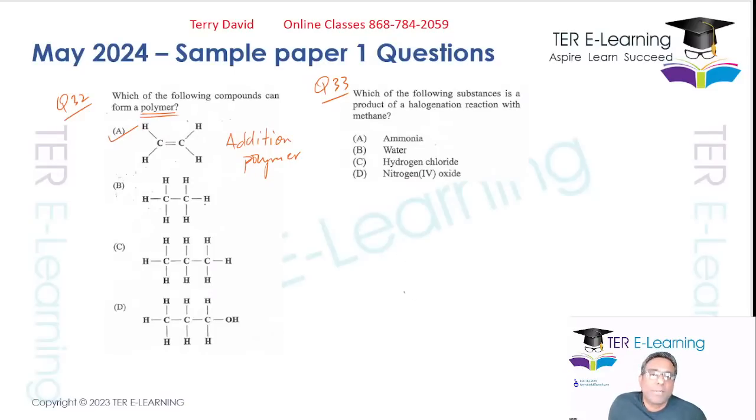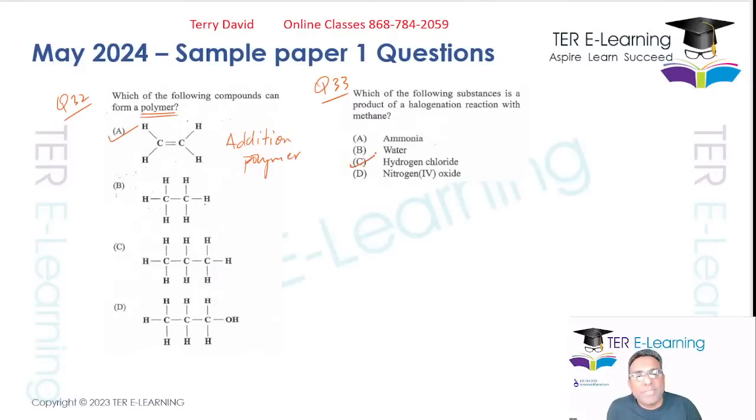Question 33. Which of the following substances is a product of the halogenation reaction with methane? People are getting C as the answer.